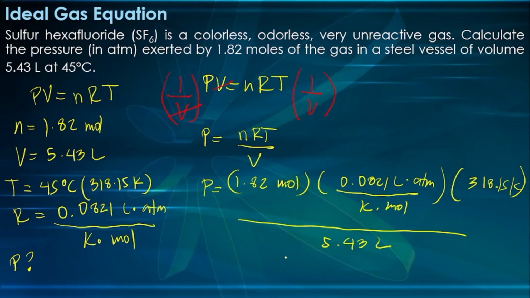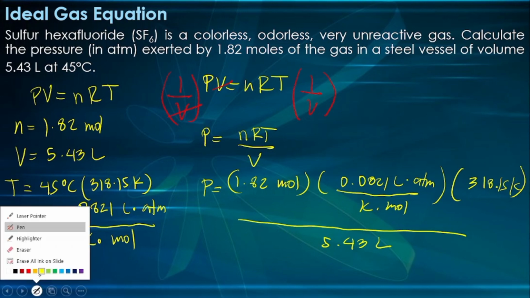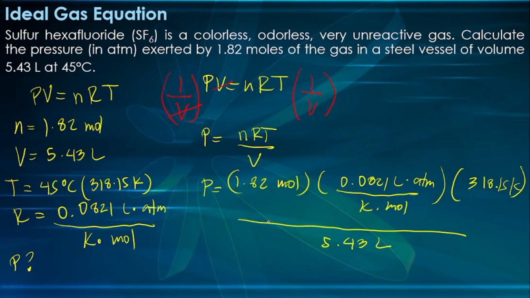So we cancel the units that have counterparts. Mole, cancel mole. Kelvin, cancel Kelvin. Liters, cancel liters. And then ATM is what remains. So, for the pressure in this ideal gas problem, all we need to do is calculate. We have here 1.82 moles times 0.0821.